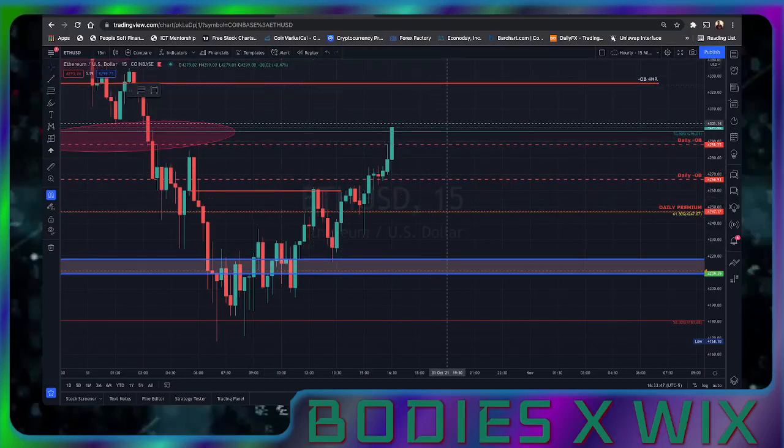Because when it hits the daily, what I'm looking for, I'm going to go one time frame down to look for the next reaction, right? So if the daily caused the first reaction, then what is going to cause the actual next reaction to make it go down is going to be the 4 hour, right?